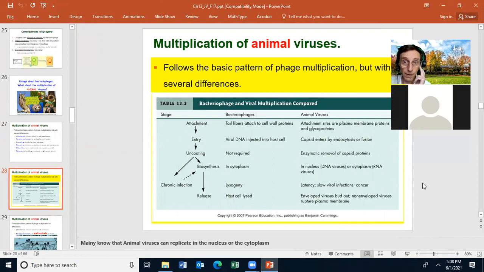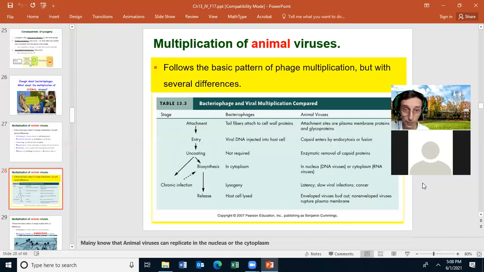Multiplication of animal viruses follows the general pattern of viral multiplication for the bacteriophages, but there are some differences. You mainly just need to know that an animal virus can replicate in the nucleus, or they can replicate in the cytoplasm.